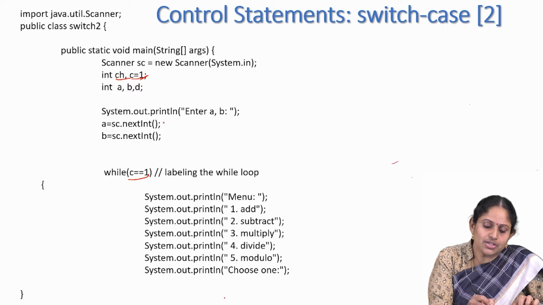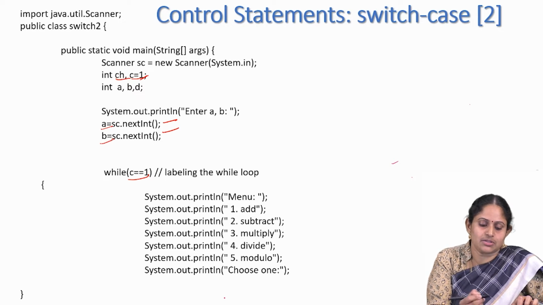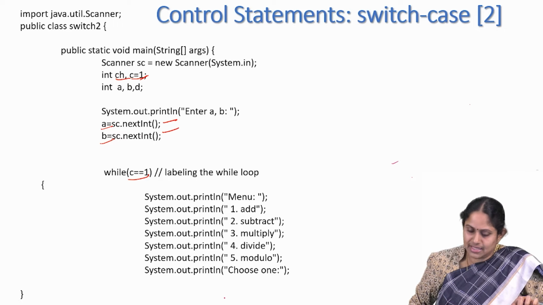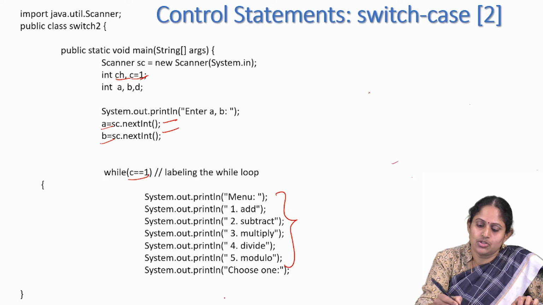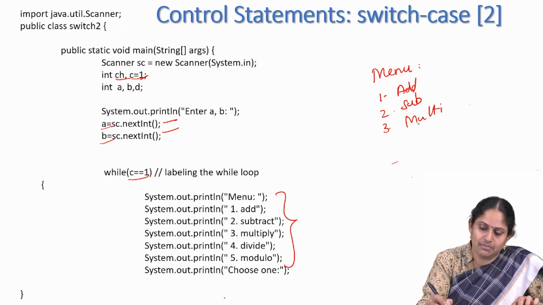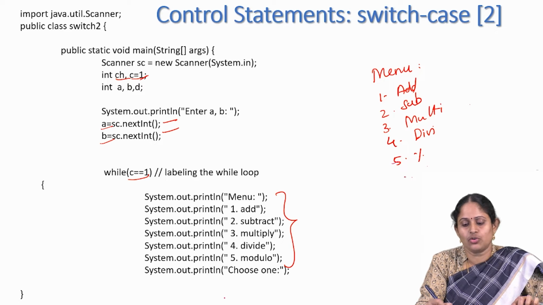So here we are reading two variables A and B through keyboard, and then this part is being printed. So what will you get? We'll get a menu. 1 is add, 2 is subtract, 3 is multiply, 4 is divide, 5 is modulo, and we are told to choose one.